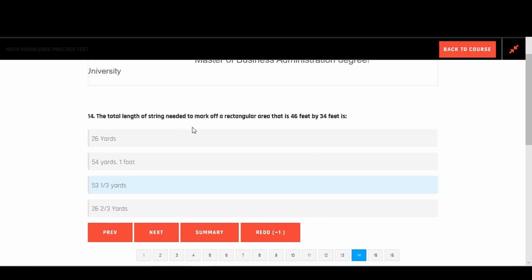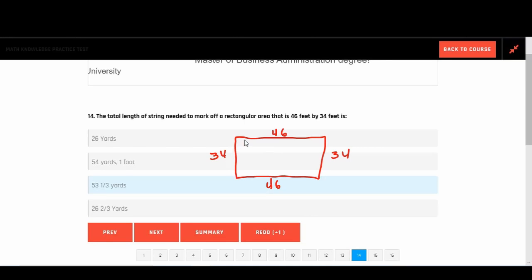All right, so 14 says the total length of string to mark off a rectangular area that is 46 by 34 feet is. So again, we're dealing with a string marking off a rectangular area that's 46 feet long by 34 feet wide.